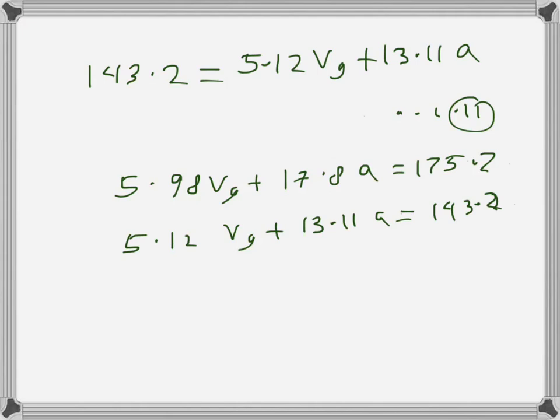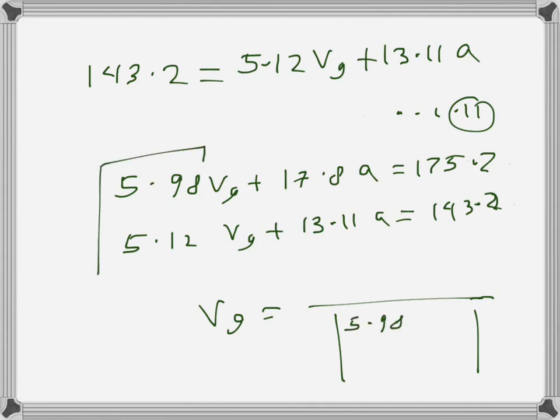So now look at this equation. If we want to multiply this one with something to make one of the variables disappear, it will be a bit difficult to find. So that's why we should always use the standard form. So Vg will be, from the determinant method, 5.98, the coefficient of these two.